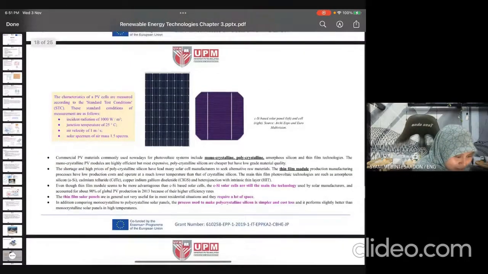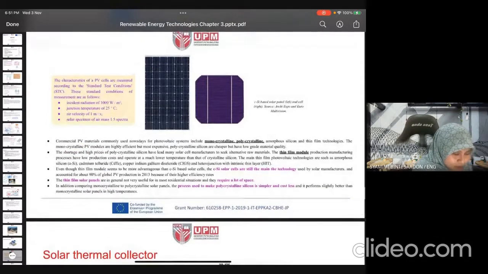So this on the left hand side, my right hand side, is the module, and on my right hand is one cell. The characteristics of a PV cell are measured according to the standard test conditions. So we just write it as STC. When we say STC, it means standard test conditions.